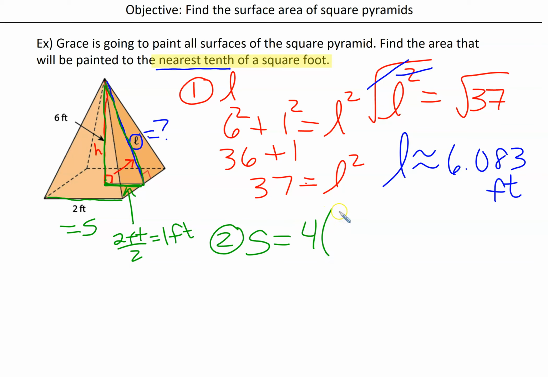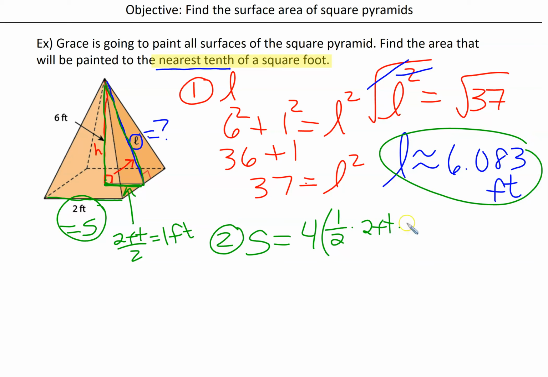The area of a triangle is 1/2 times the base edge, which is our S of 2 feet, times our height of each triangle, remember, which is our slant height L, 6.083 feet. And then we'd add to that the area of the square base, which would be that 2 feet squared.